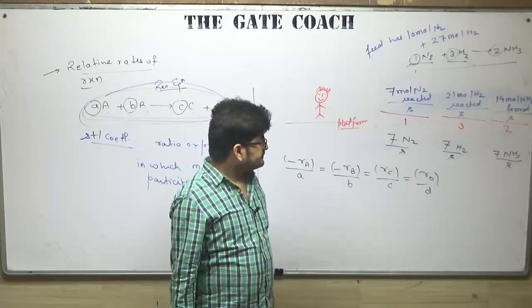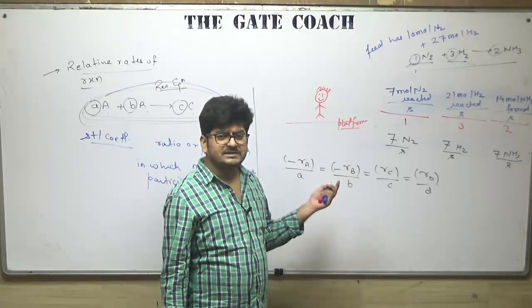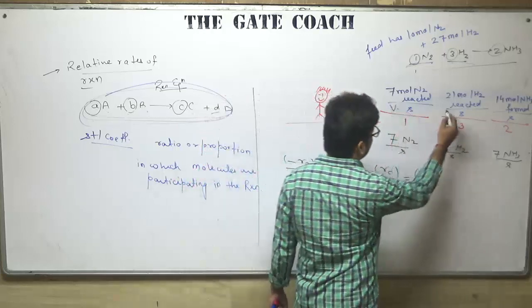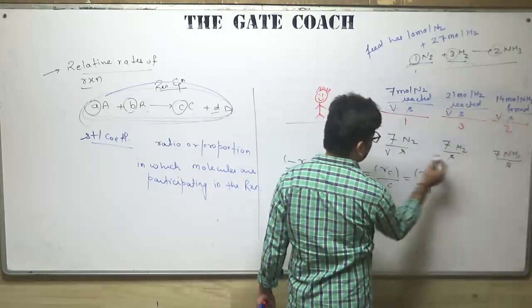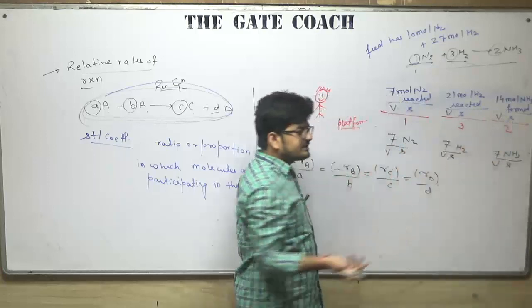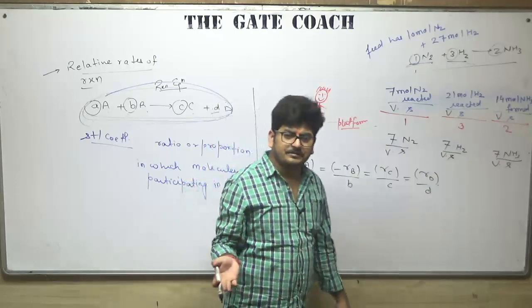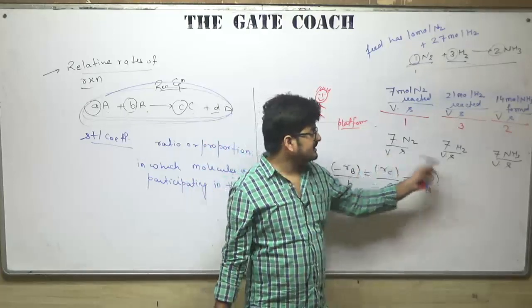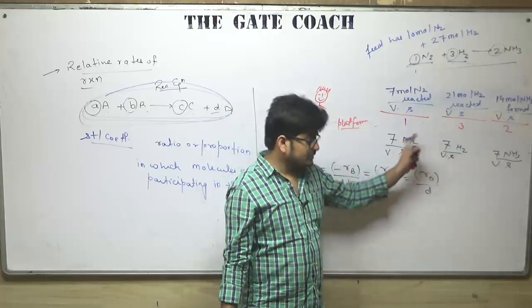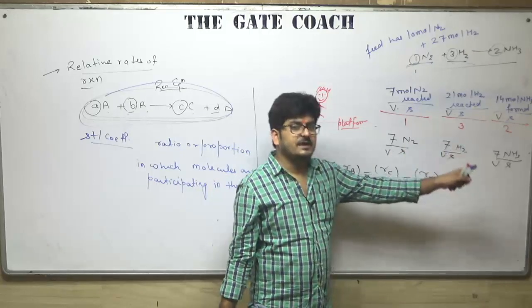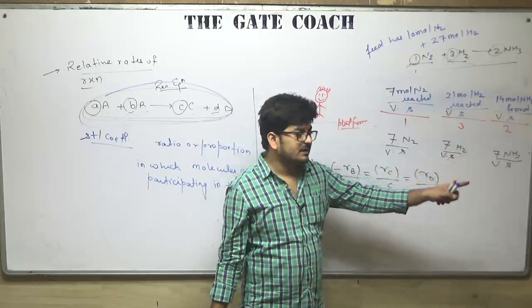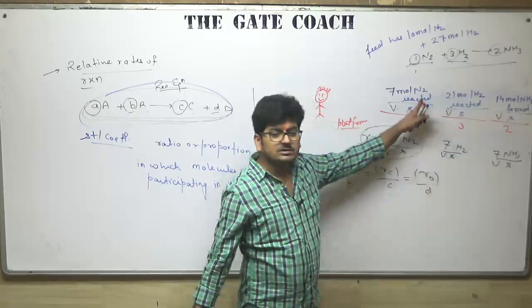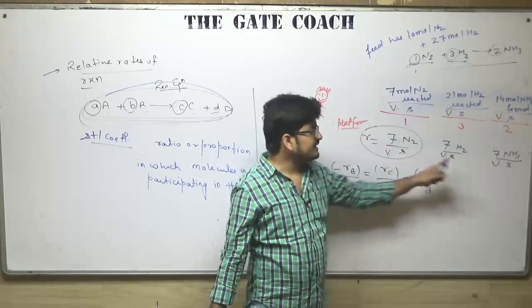If you want to understand this, you can divide this by volume as well, because the volume of the reaction mixture will remain the same throughout. For all these components, volume will remain the same at any time. So whether you consider volume or not doesn't matter, but now you can see the rate is the same for all the components. So it means this is the rate of reaction. This was not the rate of reaction, but this is the rate of reaction.